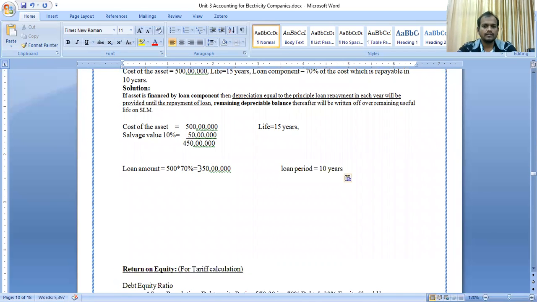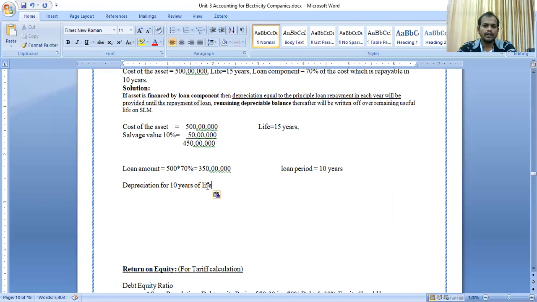In the sense, this 350 lakhs we have to provide depreciation on in these 10 years on the straight line method. By following the straight line basis of depreciation, we have to calculate the depreciation for the loan amount.